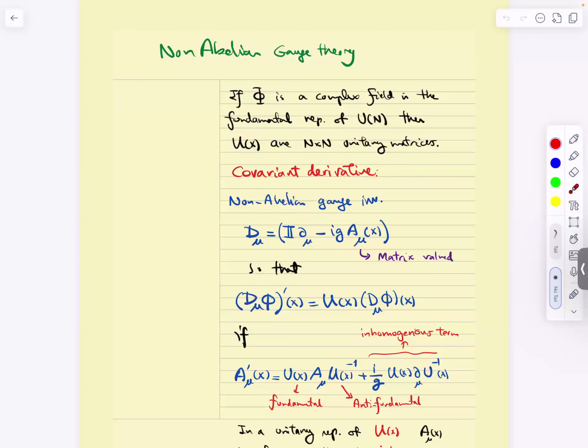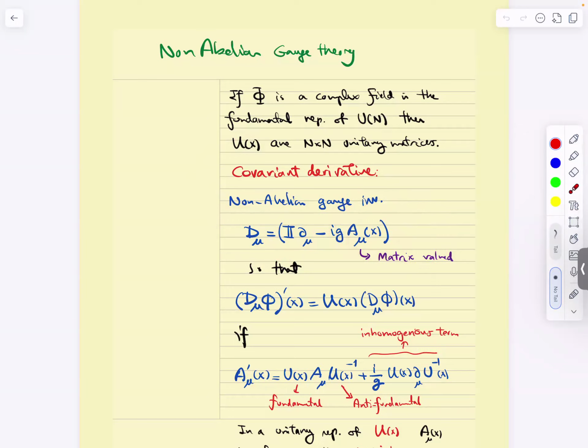What is a covariant derivative? The covariant derivative is del mu. Now, del mu acts on a vector, so this is identity, an n by n matrix, right? So this covariant derivative is del mu minus I g A mu of x, which is also a matrix that depends on x.